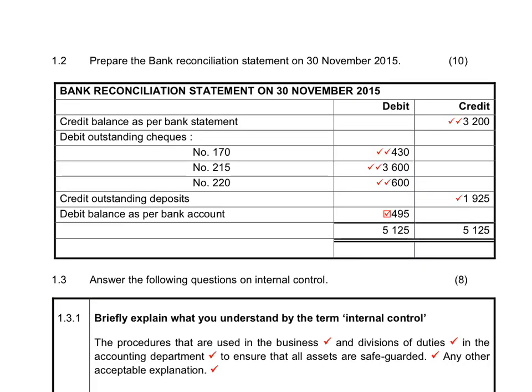In the bank reconciliation statement, we will indicate that the favorable balance is a credit balance, and we will start with a balance where the bank stopped. So they stopped at the end of November with a credit balance of 3,200. We will start with that closing balance, indicate the entries that must still be completed by the bank so that we can see if it will reconcile with the books of the business.